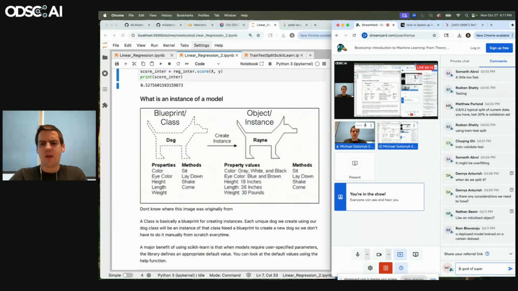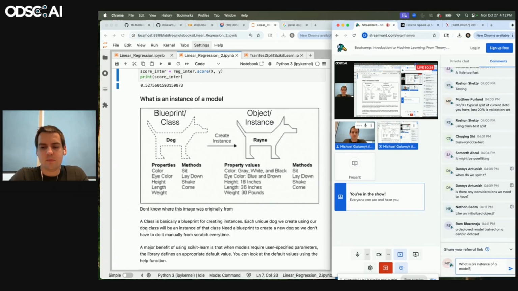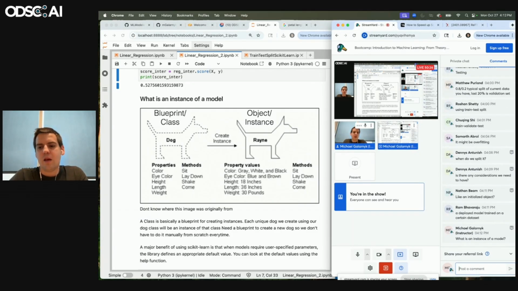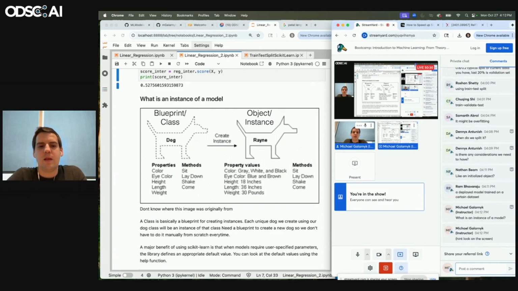So my question is, what is an instance of a model in machine learning?